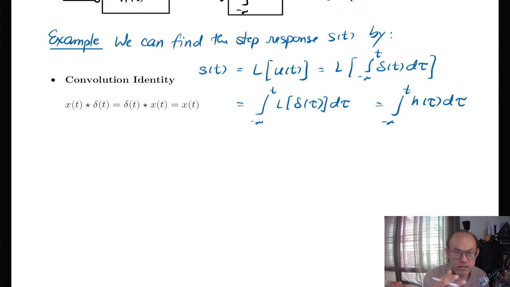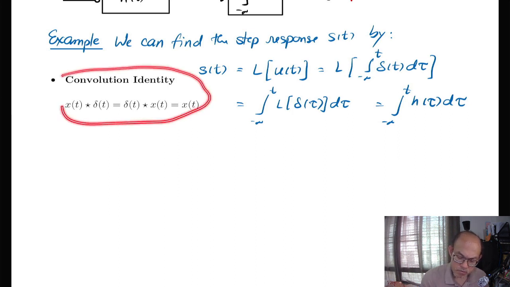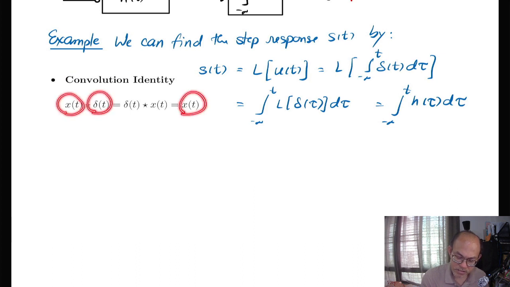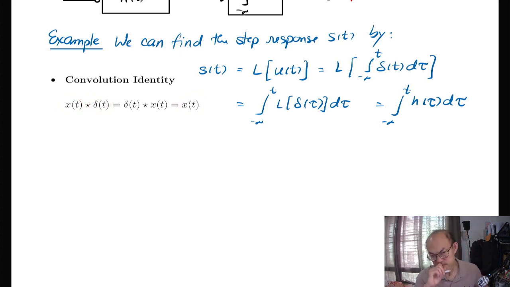On the other hand, if you add any number with 0, you're gonna get that same number back. So 0 is called the identity of addition. Now same logic here. If we convolve any function with delta, we're gonna get that function back. So delta is called the convolution identity.